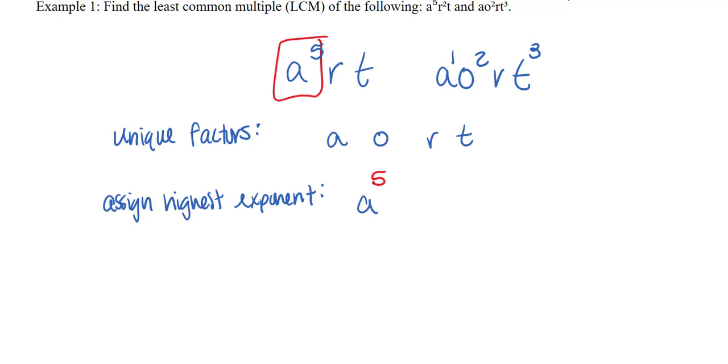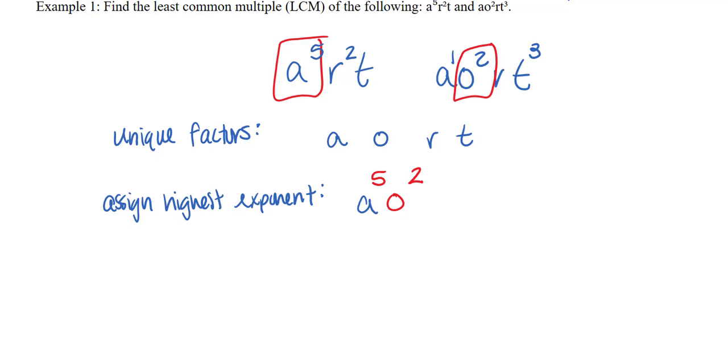So we're going to put a to the fifth right there. Then we're going to move on to o. We don't even have an o in the first one, so we just take this one. So it's going to be o squared. Oh, I also missed this. This has a squared.